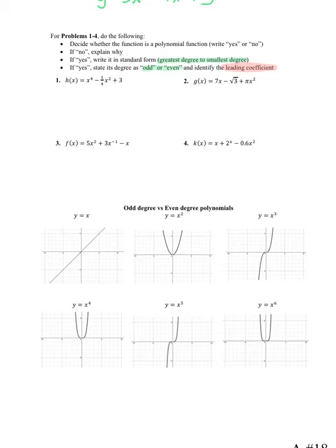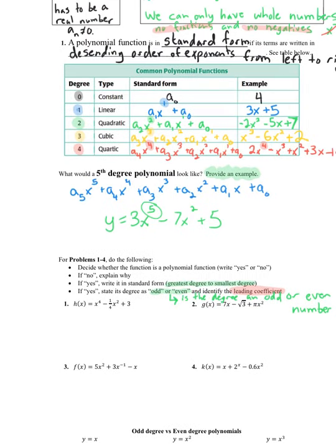All right, so that's some big vocabulary there. It's not too bad, though. Odd or even just means once we determine the degree of the polynomial, is the degree number an odd or even number. If we go back up here, degree 1, that's an odd function.